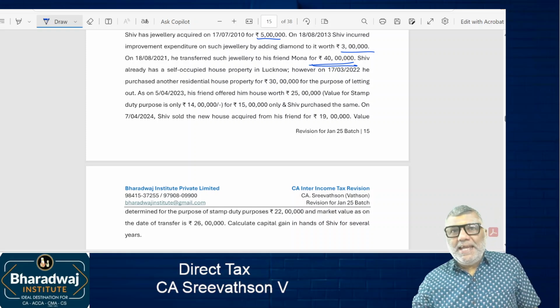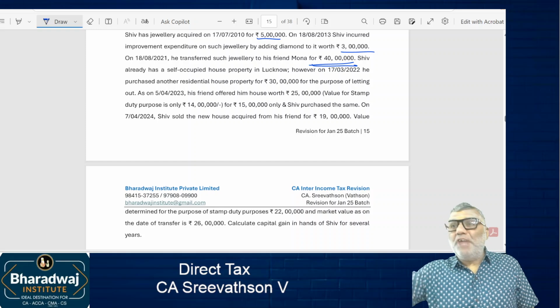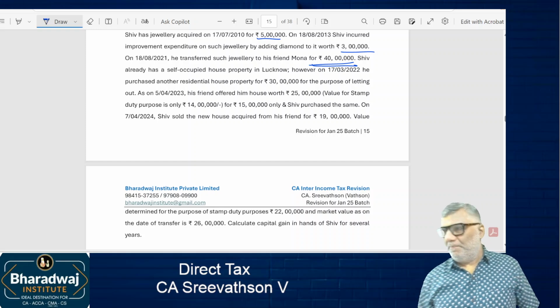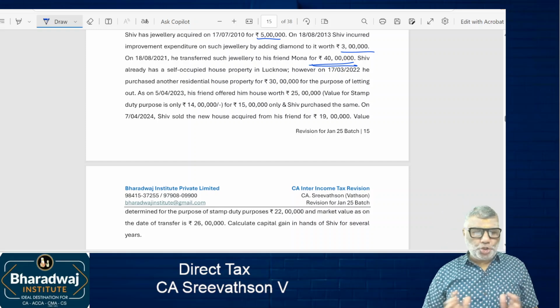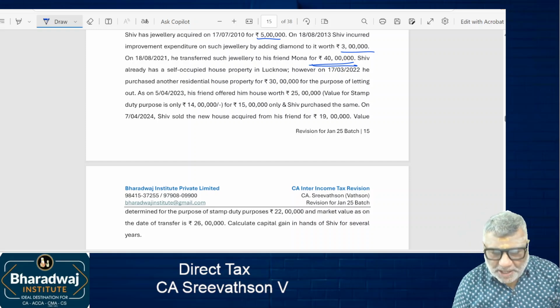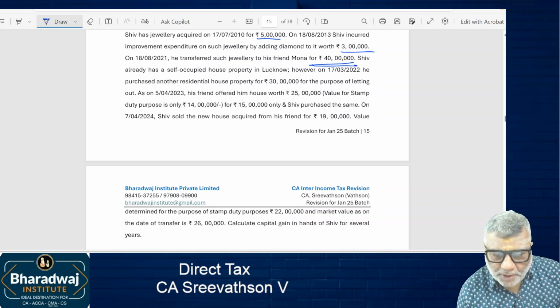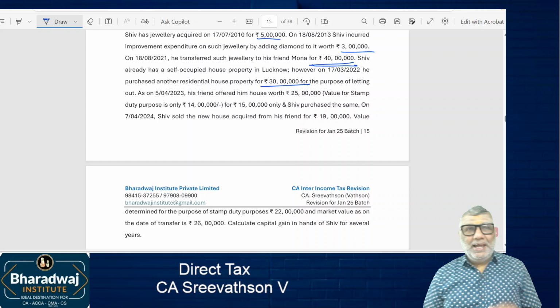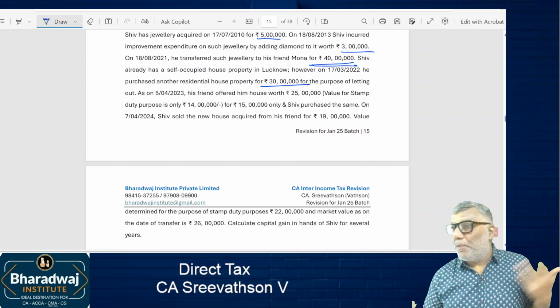Using that money, he has purchased a house property, claiming 54F. Using that money, he has purchased a house property for 30 lakhs for letting out. He already owns a house property, no problem.